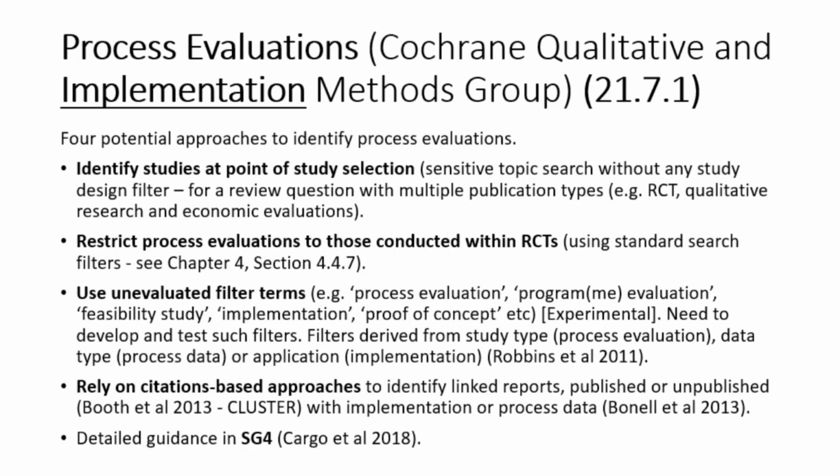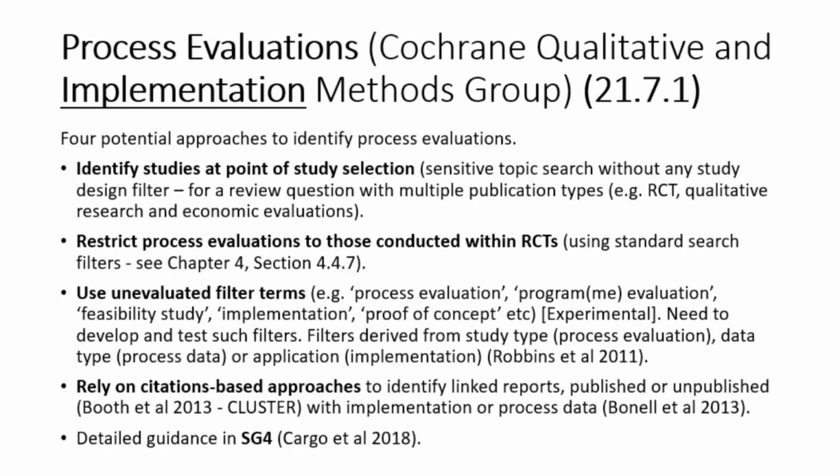The chapter first for us is to try and move into the more experimental area of process evaluations, reflecting the change of name of our group since the last handbook. And for the moment, these experimental approaches to find process evaluations, which are the sort of sibling studies that Julie referred to earlier, are to identify those studies at the point of selection, so it's part of the selection process rather than searching, to restrict process evaluations to those that are linked to RCTs.